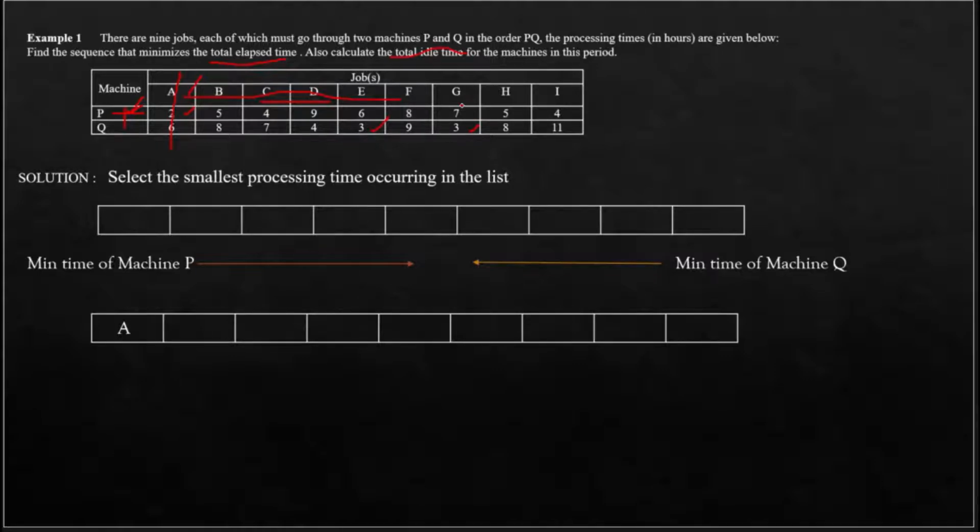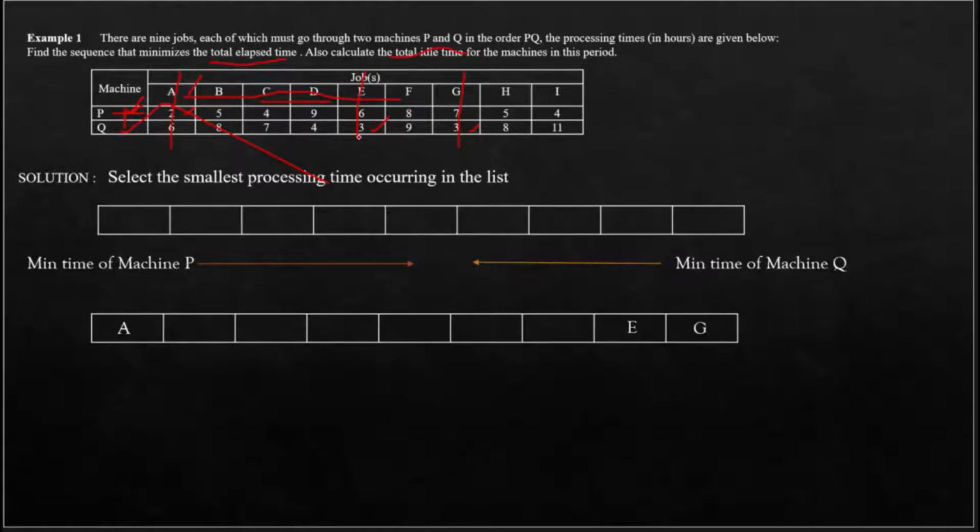Both of these jobs are from machine Q, the second machine. If we identify the least processing time from machine 2, we want to record it from right to left. So here we have the two jobs G and E, and we are eliminating G and E also.